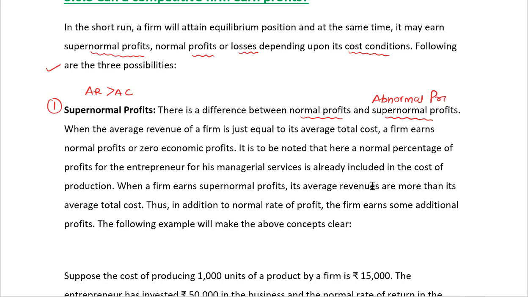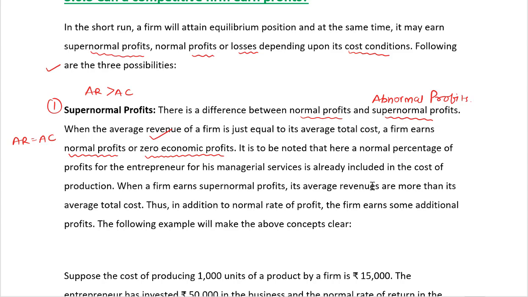When the average revenue of the firm is just equal to the average total cost, we can say that there is zero economic profit. This is a situation known as normal profits, where average revenue equals average cost. This is a situation of normal profits or zero economic profits.